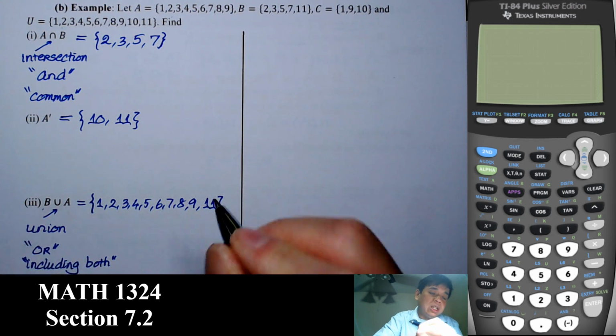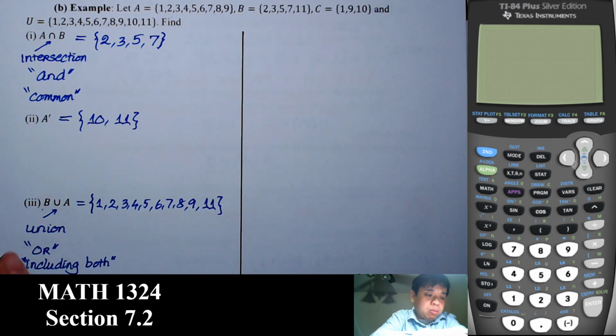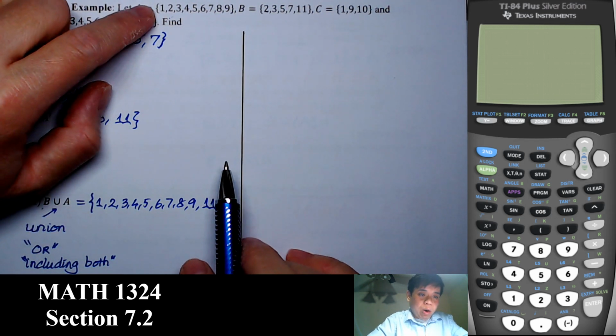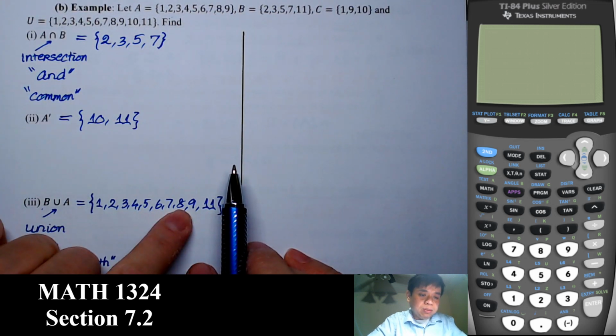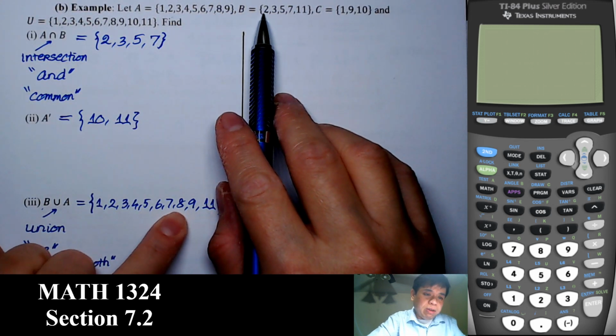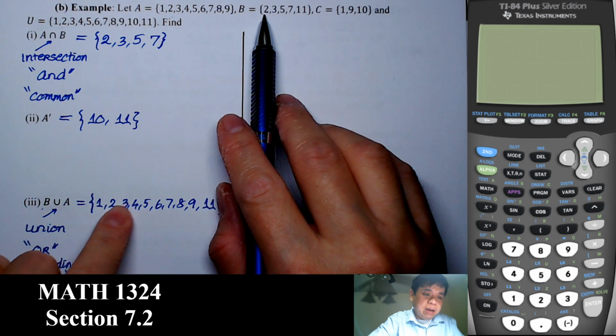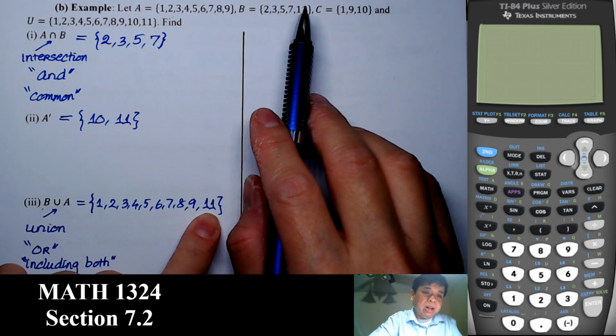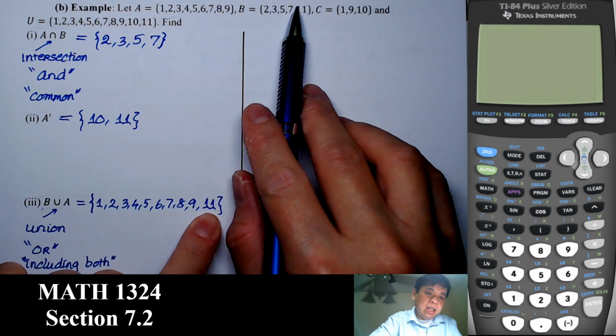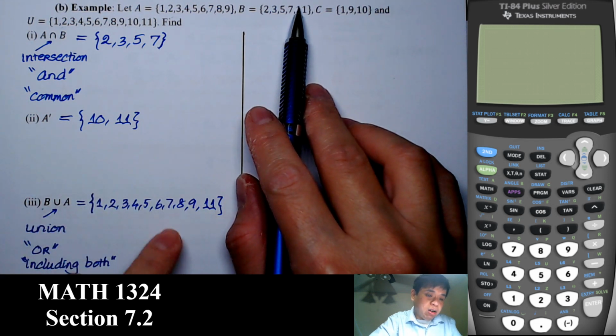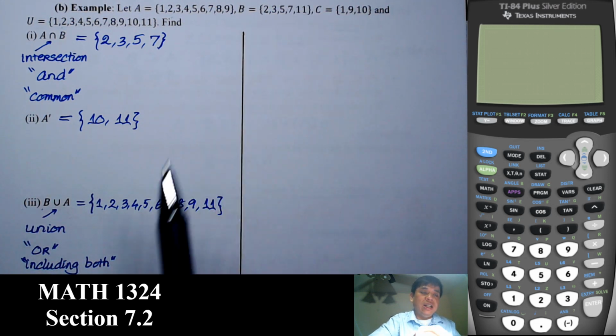So what we do essentially when we do the union, which means we list everything in the set, everything once. So we have 1 to 9, that from A. And then whatever is in B, if it is the same, we don't have to list again. But whatever is new, the 11 here is only in B and not listed yet, so we're going to just go ahead and list that.